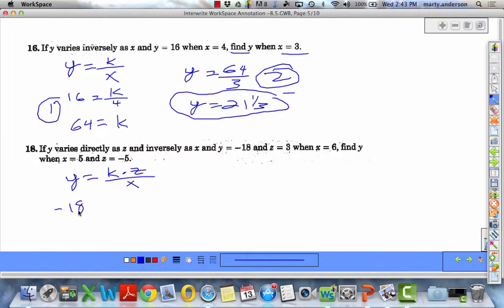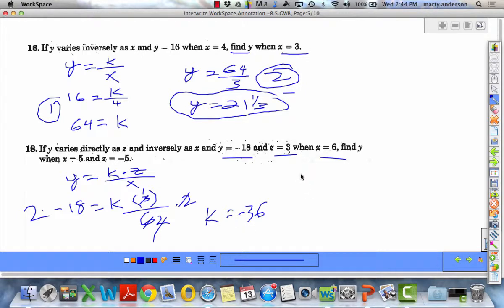Plug my value in for y, plug my value in for z, plug my value in for x. I got 18, I got 3, I got 6. 3 over 6 is 1/2, so I can multiply by 2 on both sides, because that's 1 and that's 2.